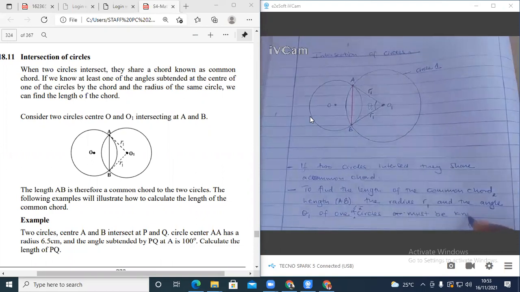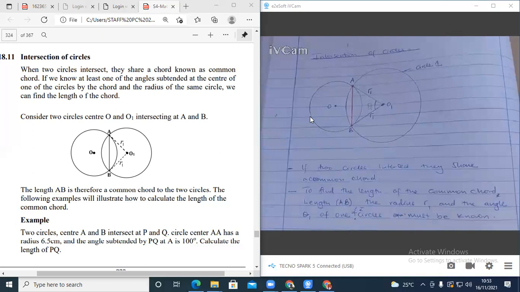That's the bad thing about writing while talking. I think you have written, yet I have just said it. So to find the length of the common chord, the length AB, the radius R1 and the angle theta 1 of one of the circles must be known. They must be known if you want to find that length.